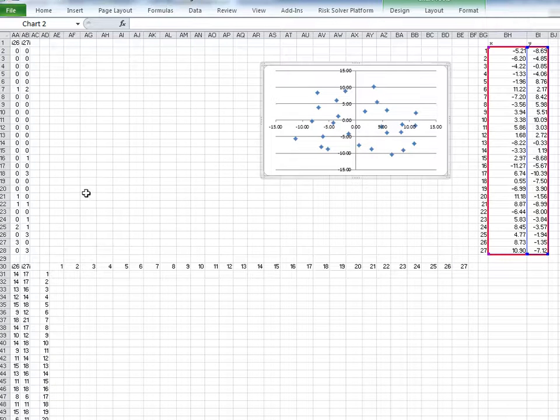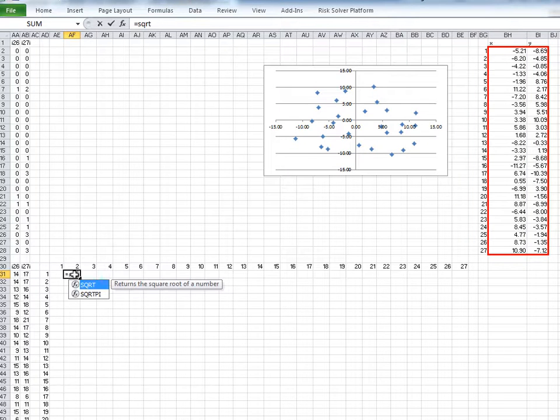The distance between the first and the second point equals SQRT, square root, and now we want to do delta x, double parenthesis, and we want to take the first point's x coordinate.